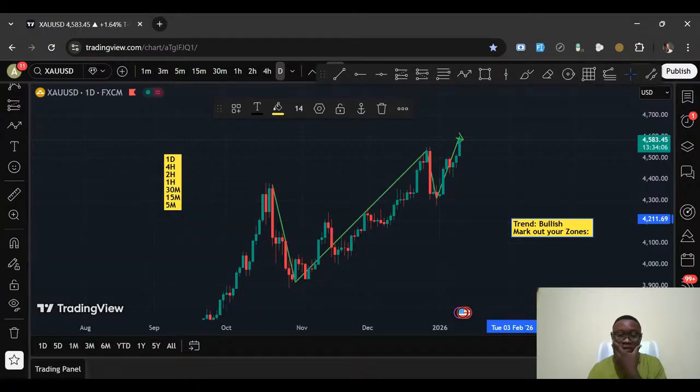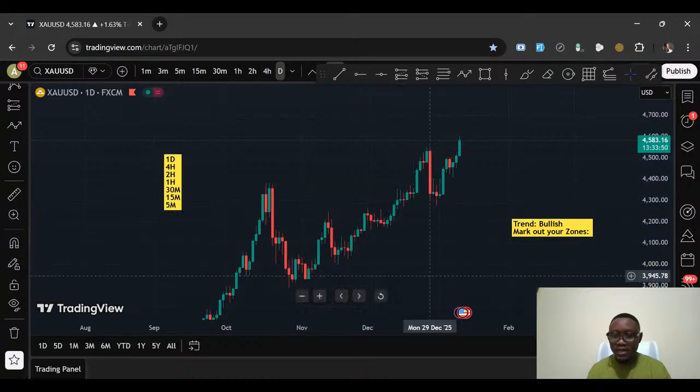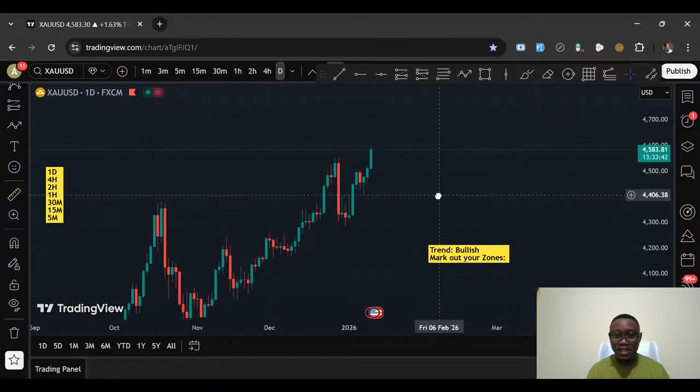Right. So I want to start marking out my zone. And on the daily time frame, what I want to do is identify the most recent break of structure or the most recent market shift.